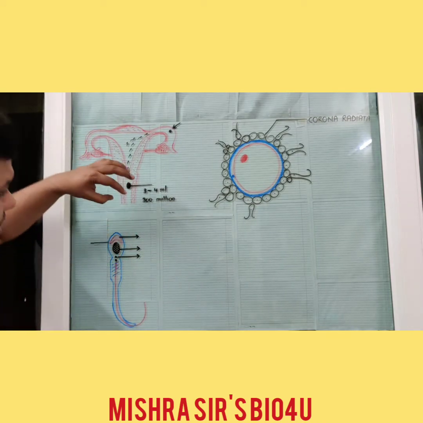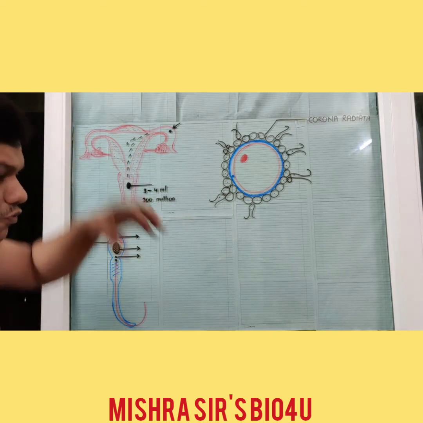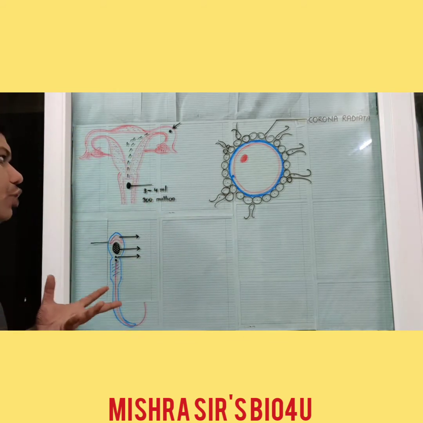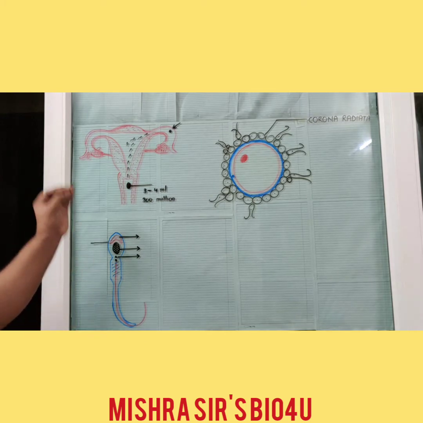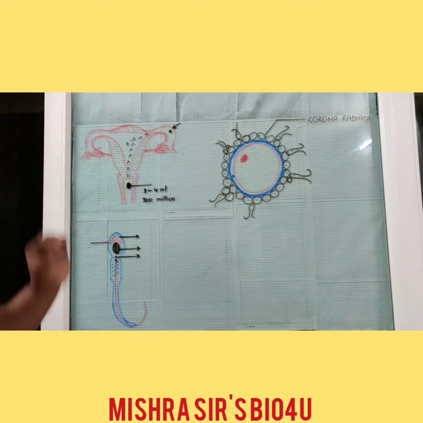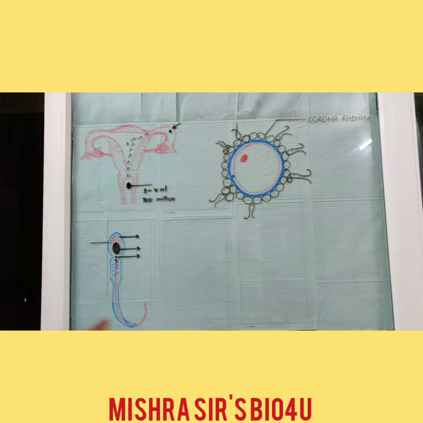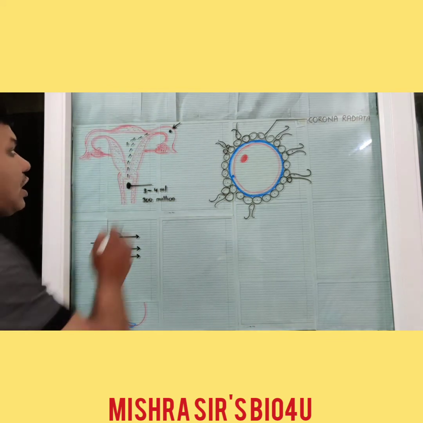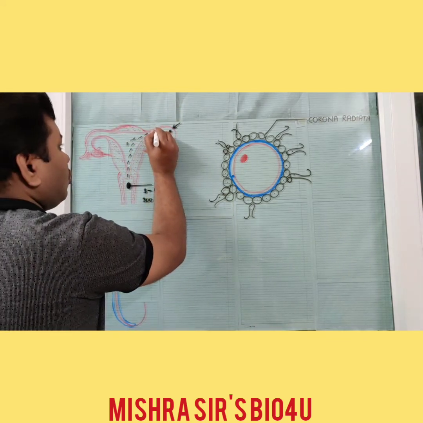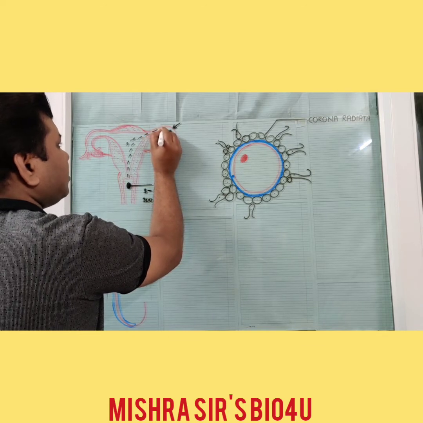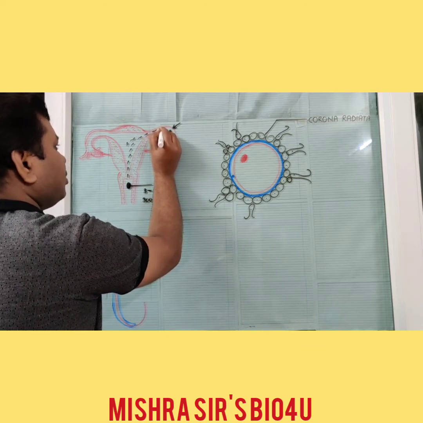So out of this 300 million, sometimes it could be 400, sometimes 200 million sperm. Out of them, only 200 to 300 sperm are able to reach the ovum. That means almost 1 in a million sperm is able to reach.